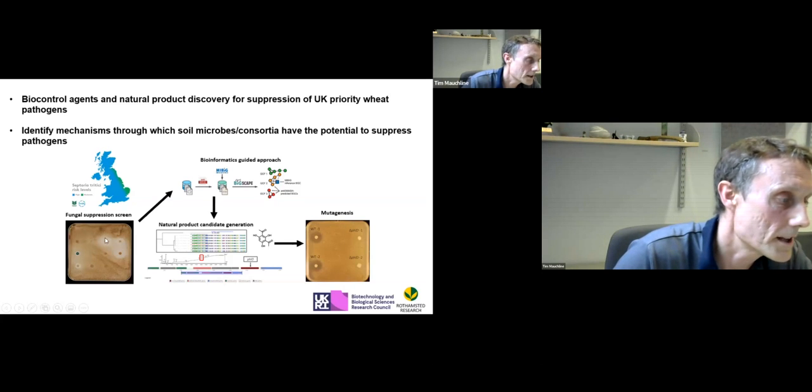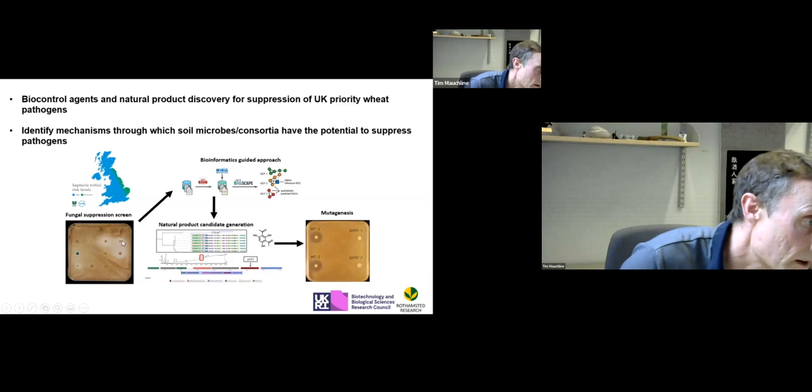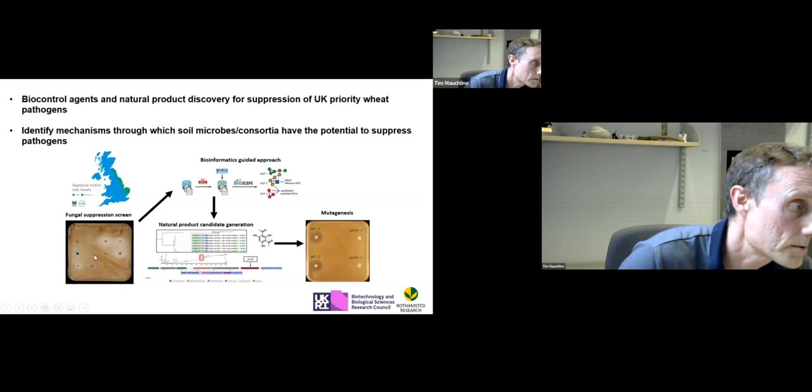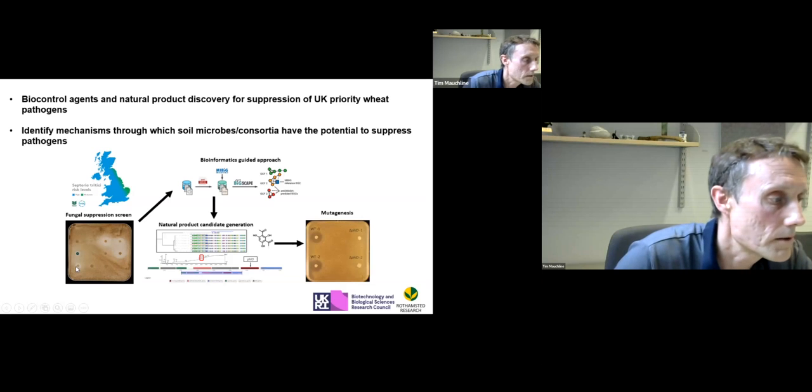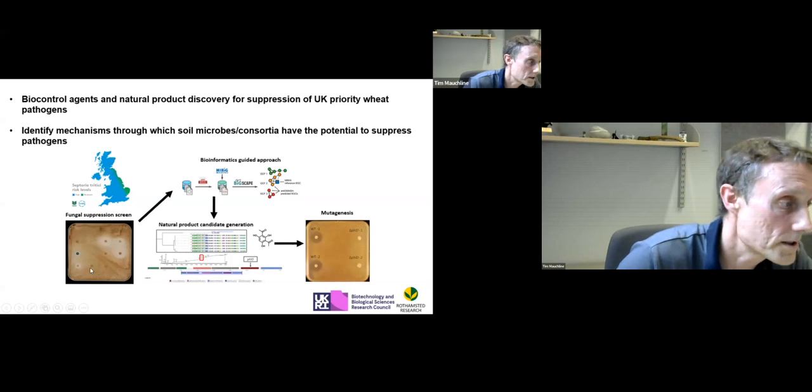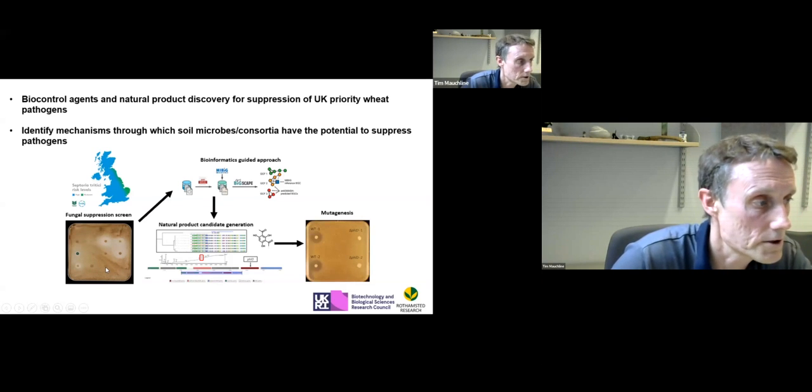And you can see here that there's a differential ability of these microbes to suppress the growth of the fungus. So these areas of clearing here, these three isolates, for example, as well as these two here, are able to suppress the fungal growth, whereas these ones don't seem to be able to have that function.